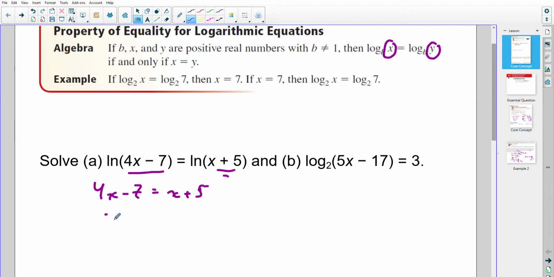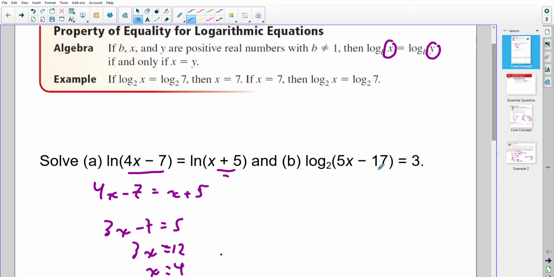Subtracting x on both sides, adding 7, and dividing by 3. Important to do a check at the end here to see if these are actually positive. If they're negative, then you'd have to eliminate that answer.